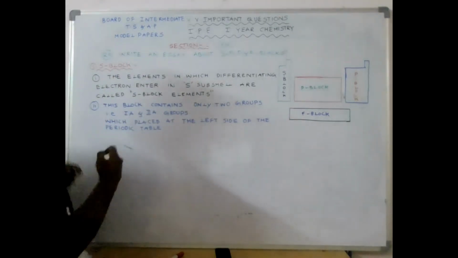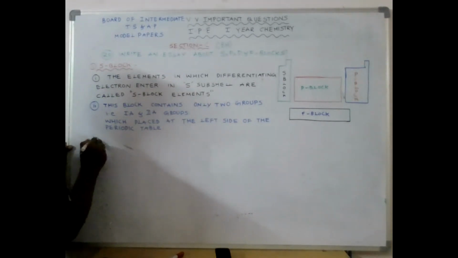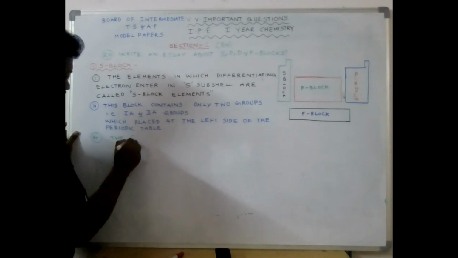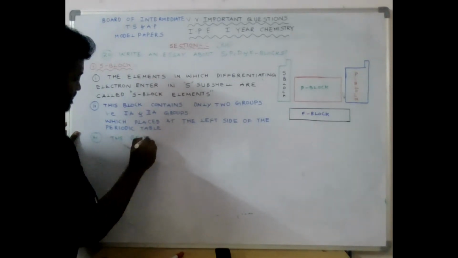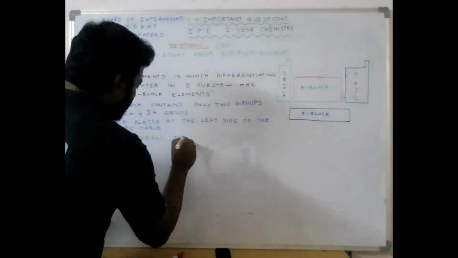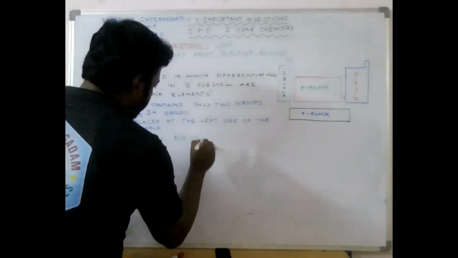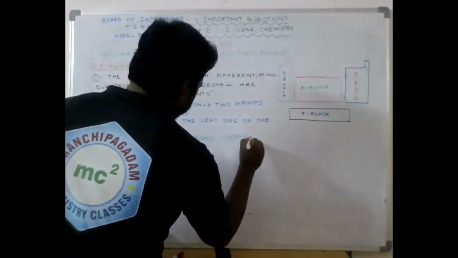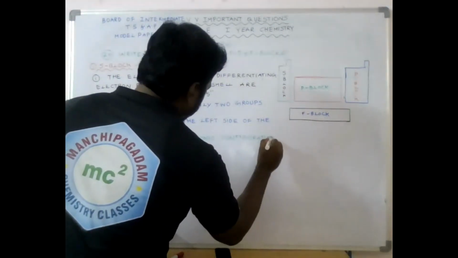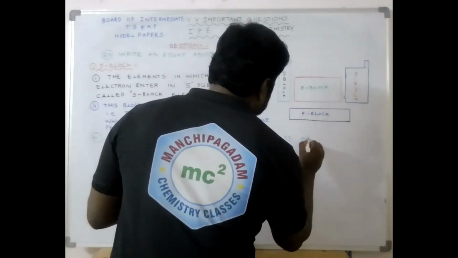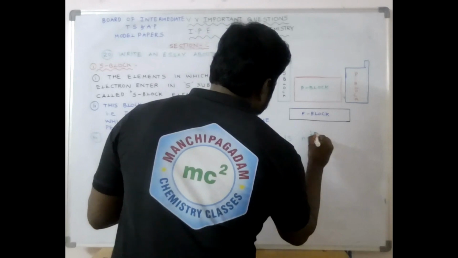Now the third point, you should write, very important point, electronic configuration. The general electronic configuration of S block is what? ns1, 2.